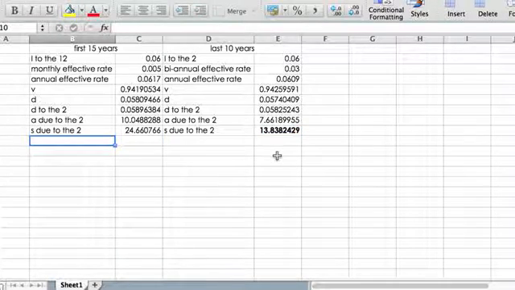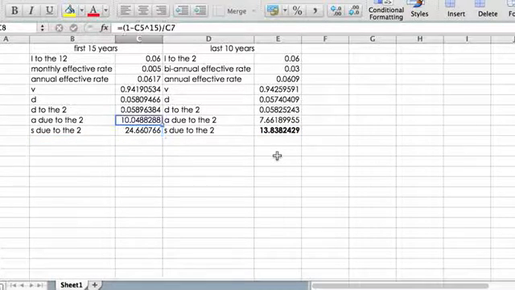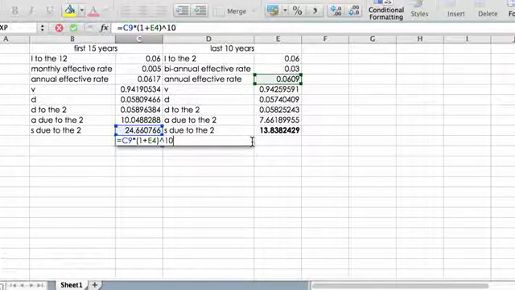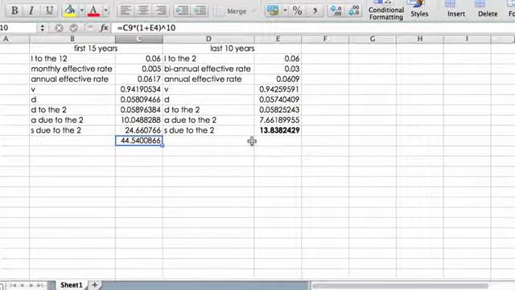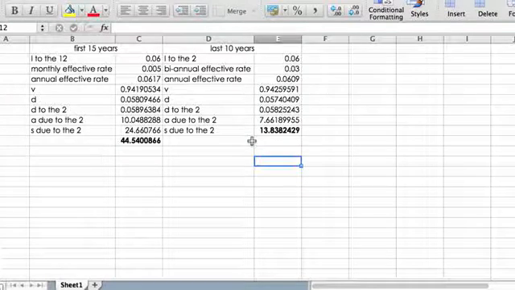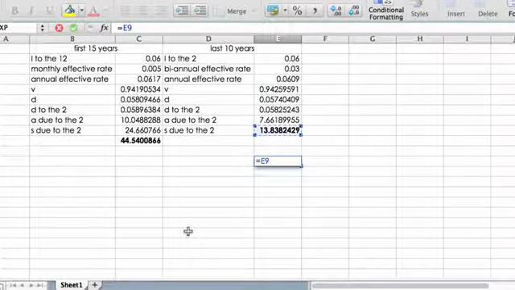Now we just need to add this amount at another 10 years. We take it and multiply it by 1 plus our new annual effective rate to the power of 10 years, and that's something we want to keep. Then we multiply all of that by 800. So let's see what the total is: that plus that, times 800 pounds.